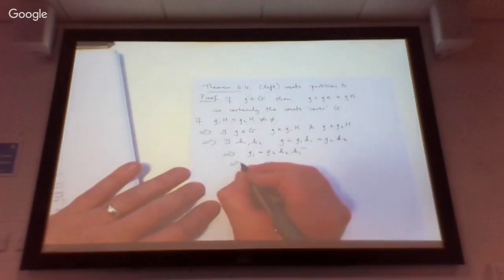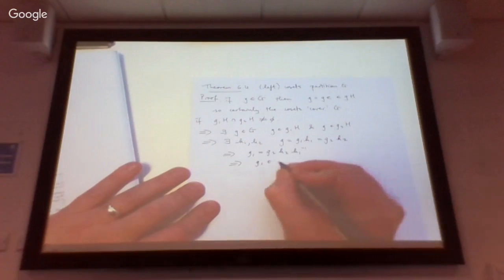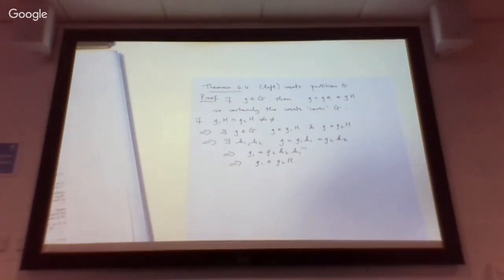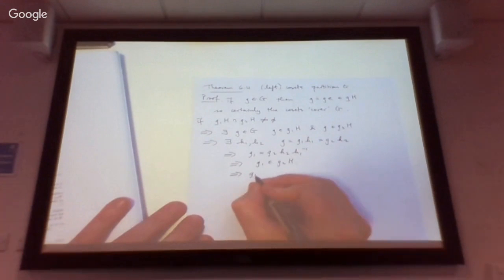But that implies that g1 is an element of the left coset corresponding to g2. But we recognize that as one of the 5 equivalent statements from the previous lemma. Okay? One element being in the left coset of another element implies that actually the two left cosets are the same.